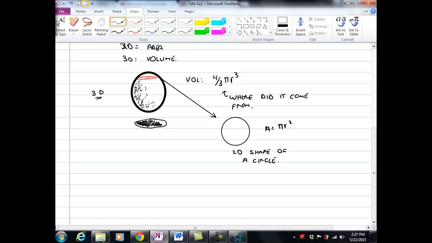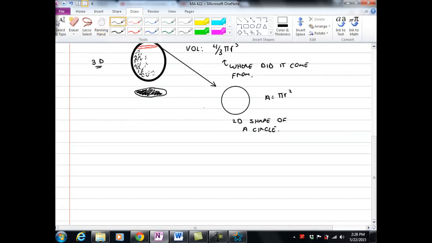Most shapes you're going to work with will involve a circle. So we call this the cross-sectional area. The cross-sectional area of a sphere is really a circle.